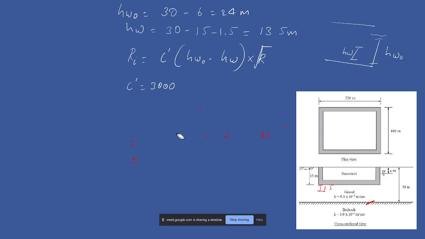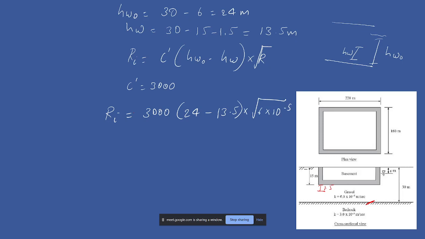So the radius of influence is given by 3000 into (24 minus 13.5) into root K, where K is 6 into 10 raised to the power minus 5.